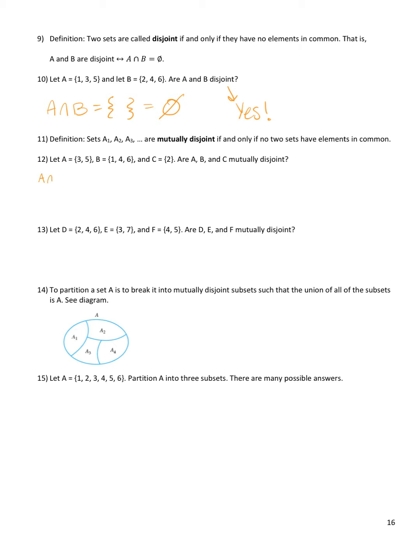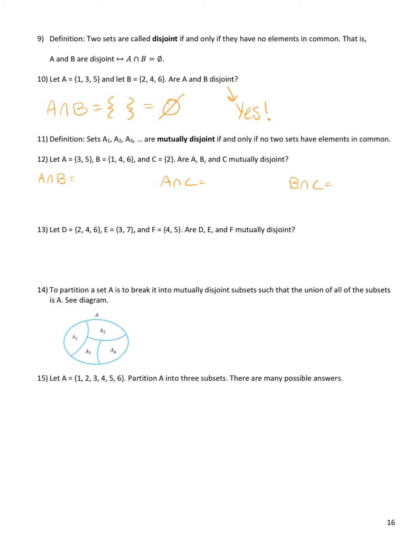I need to look at A intersect B, A intersect C, and B intersect C. So those are all the possible ways that I can intersect 2 of the 3 sets. And if they are all empty intersections, then we say these 3 sets are mutually disjoint.